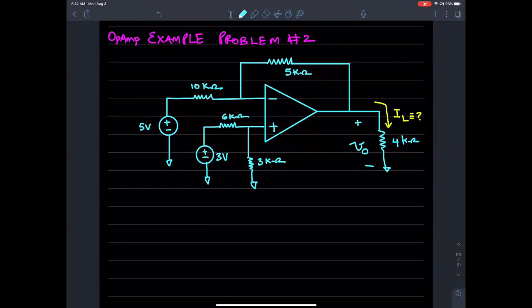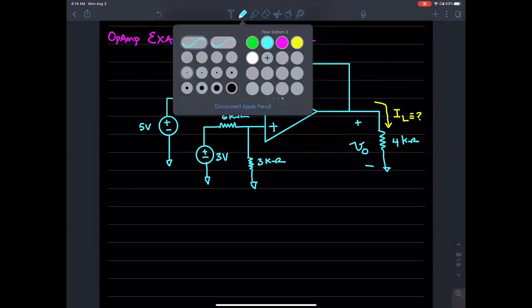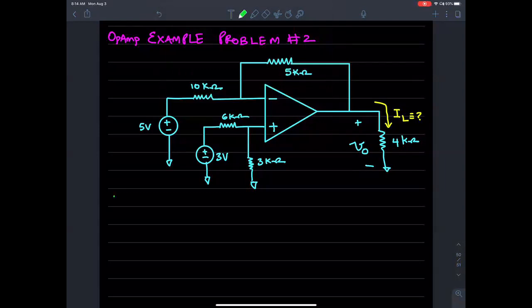All right. How would we go about solving this problem? Where do you want to begin? I would start at the node Vn.